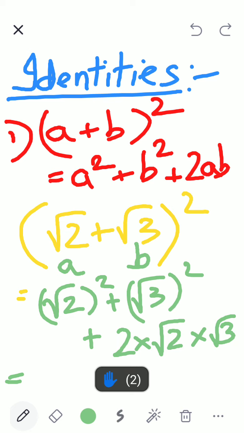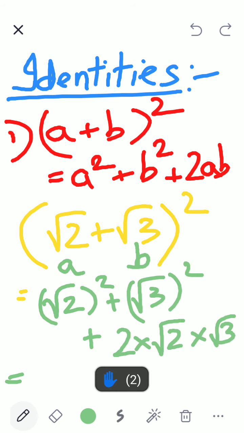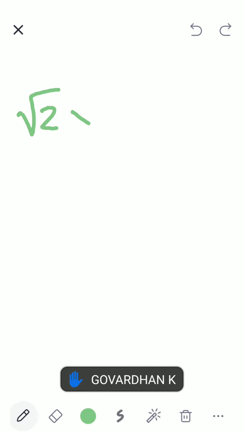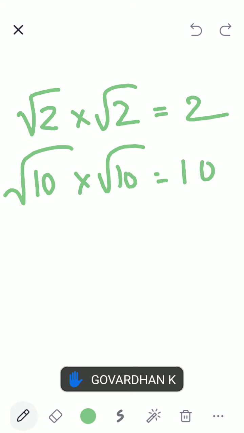Root 2 multiplied by root 2. Ah, 2. No, children. See, that is why you all should do the worksheet. Last week I had given you all a worksheet. Any number's square root multiplied by the square root will be the number. Root 10 into root 10 equals 10.